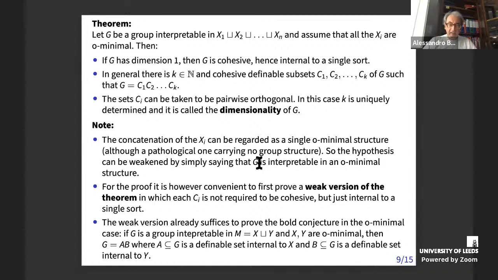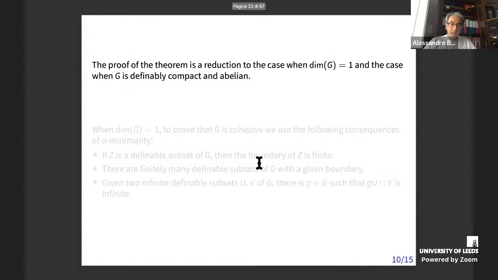And I would like to, the proof of the theorem is a reduction to the case dimension 1, in which case the whole group is cohesive, and the case when the group is definably compact and abelian, in which case it's not necessarily cohesive, could be an irrational torus, for instance, which lives in two different sorts.